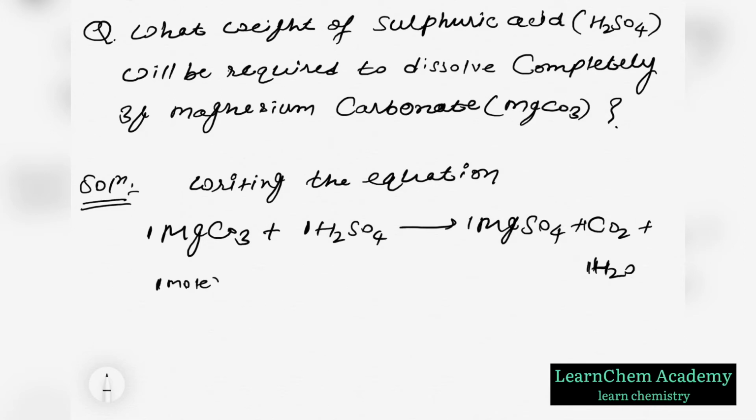So we can write 1 mole of magnesium carbonate reacts with 1 mole of H2SO4. So in terms of weight, we can write 84 gram, which is the molecular weight of magnesium carbonate, requires 98 gram of H2SO4. Now we can apply the unitary method.